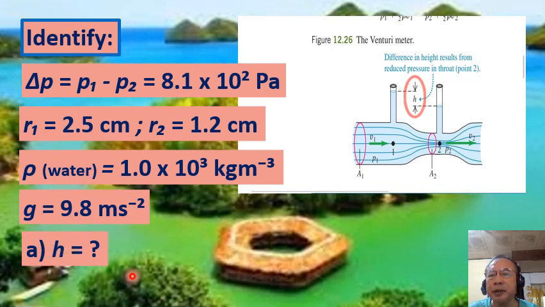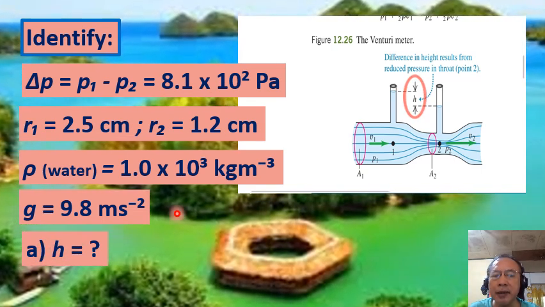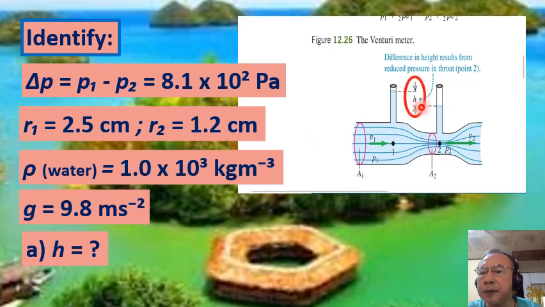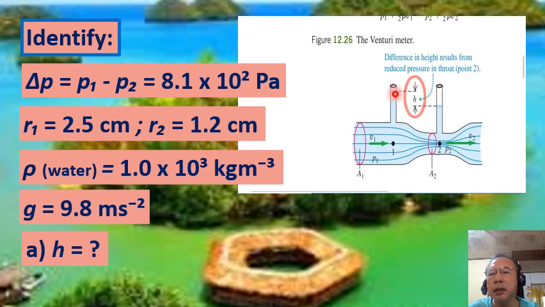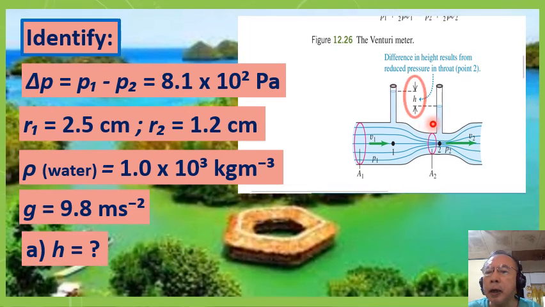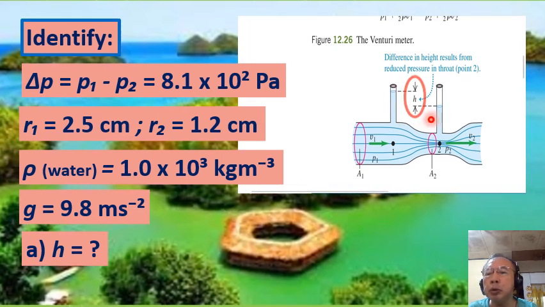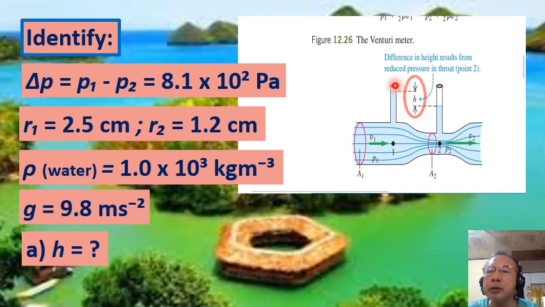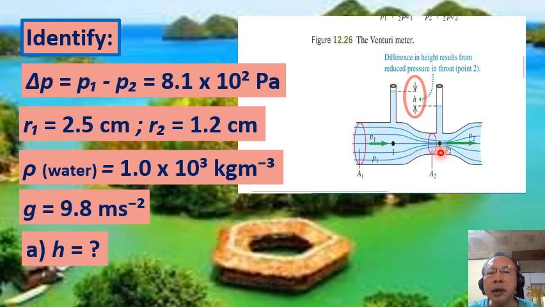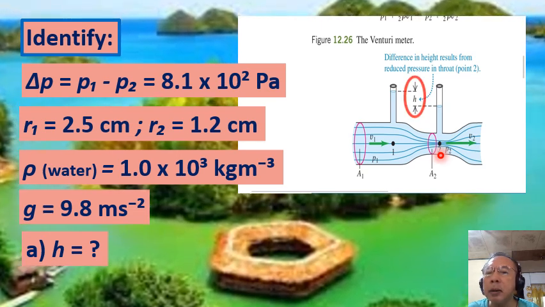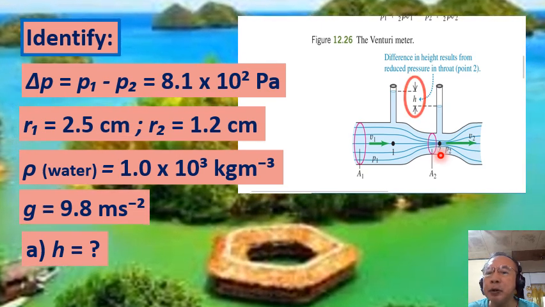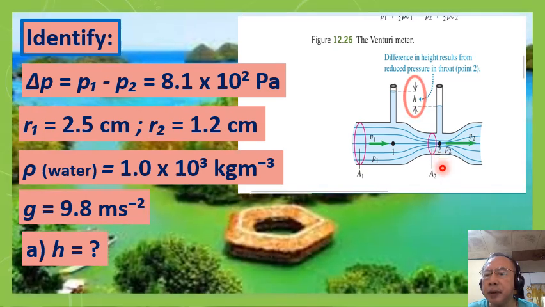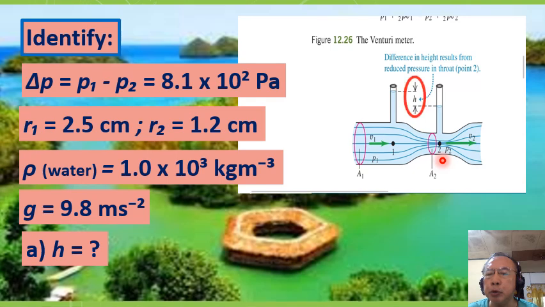Our first target variable is the height h, right? So the difference in the height between the two columns is due to the reduced pressure at the part of the venturi meter known as the throat, and this is labeled here as point number 2.